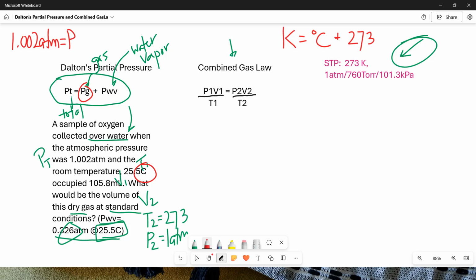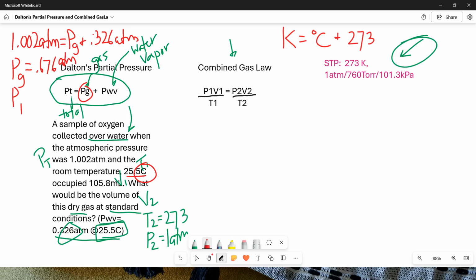And I don't know the pressure of our oxygen. That's the only unknown. And the water vapor is told to me to be 0.326 atmospheres. So the pressure of our gas, which is going to be pressure 1 in this problem, if we do this math, is going to be 0.676 atmospheres. So let's go ahead and set up this problem.